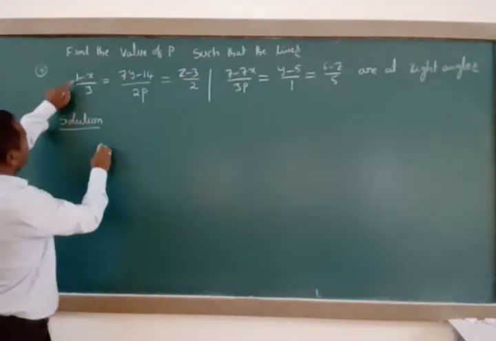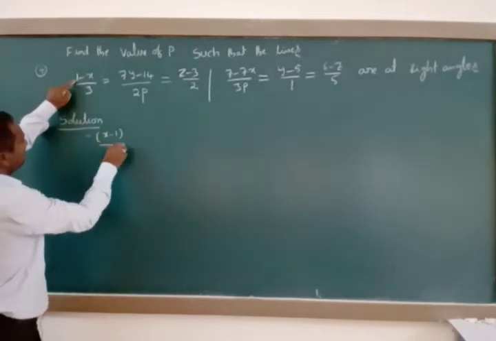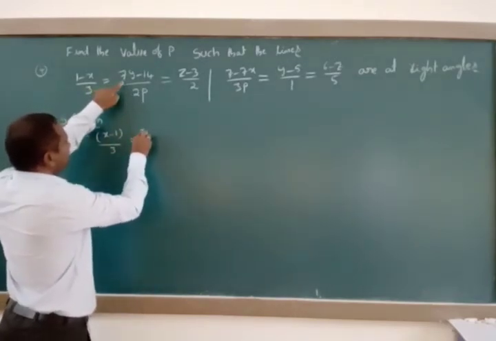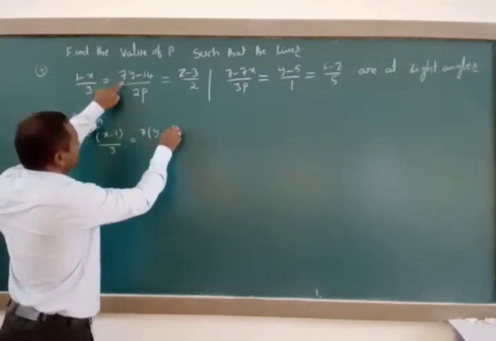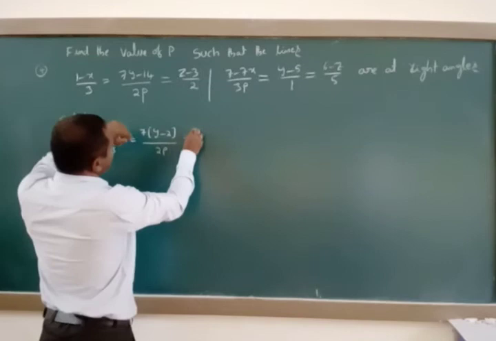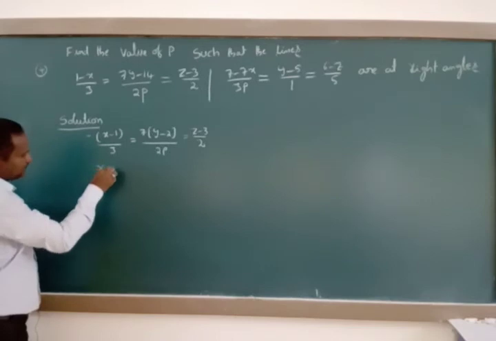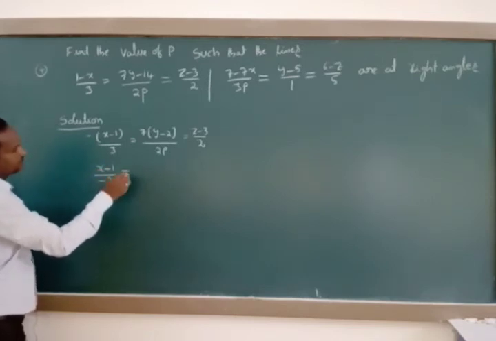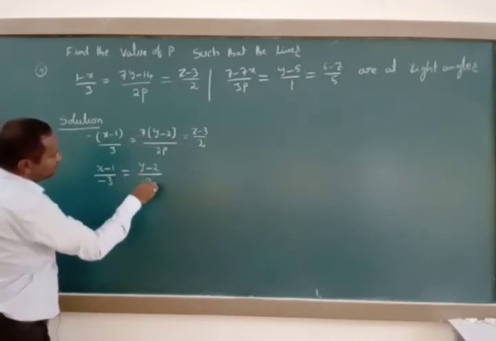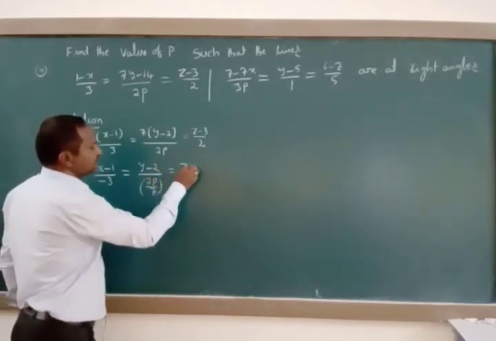In 1 minus x, take minus common, then you will get minus of (x minus 1) by 3. In 7y minus 14, take 7 common, then you will get (y minus 2) by 2p by 7, and z minus 3 by 2. It can also be written as (x minus 1) by minus 3, (y minus 2) by 2p by 7, equal to (z minus 3) by 2.